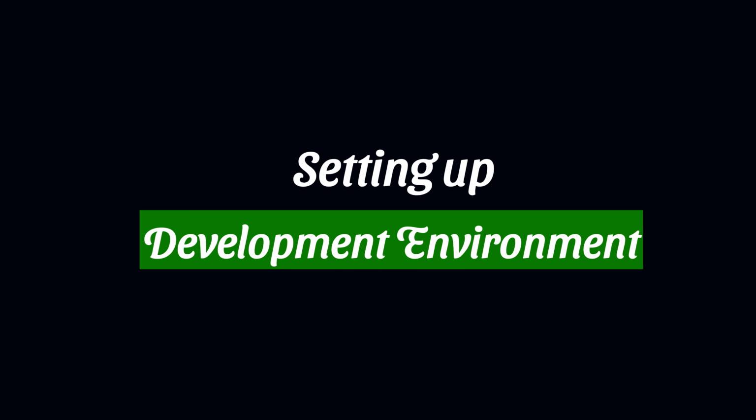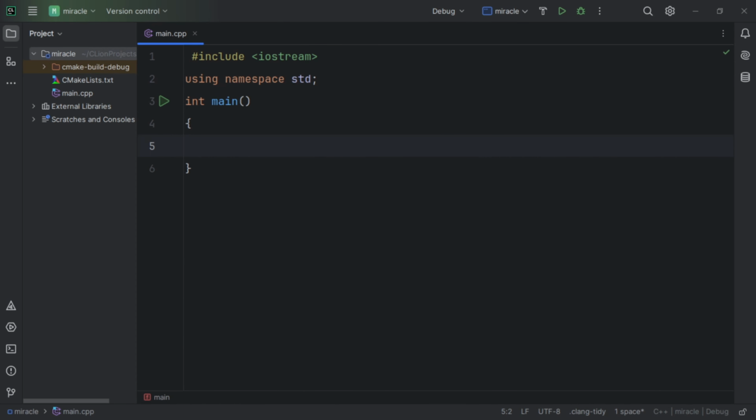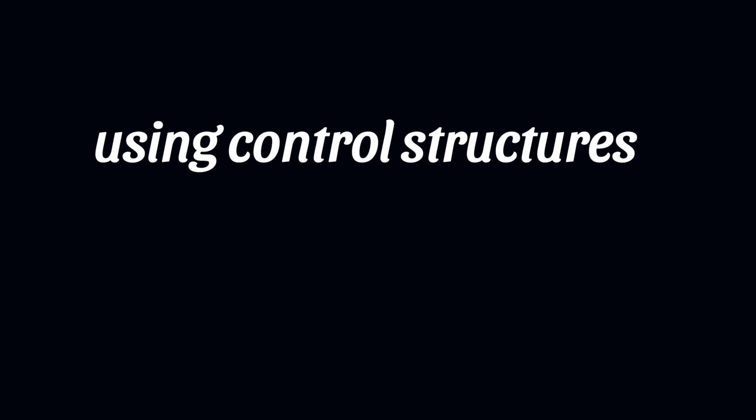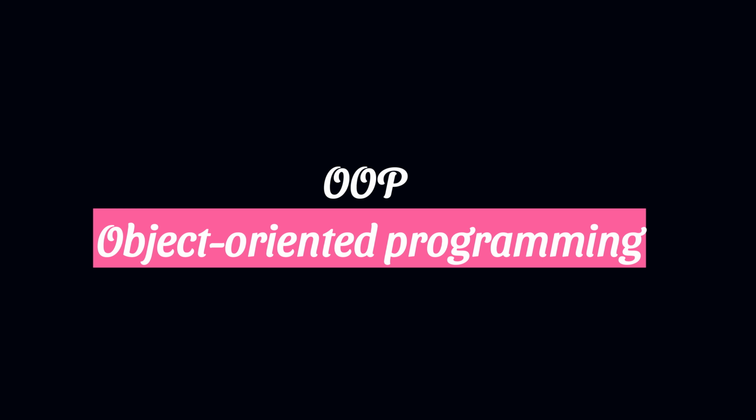We will start from setting up your development environment, writing your first C++ instructions, understanding the basic syntax and structure of C++, working with variables and data types, using control structures like loops and conditions, creating and using functions, working with arrays and strings, understanding pointers and references, and also OOP, that stands for Object-Oriented Programming, and many more.